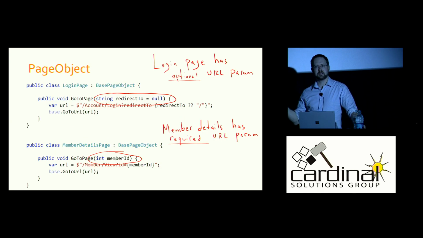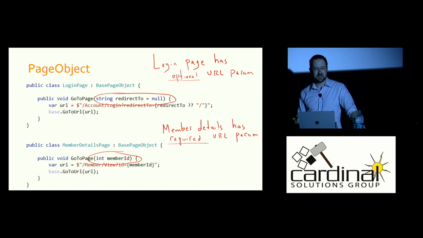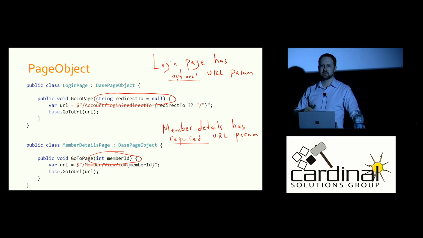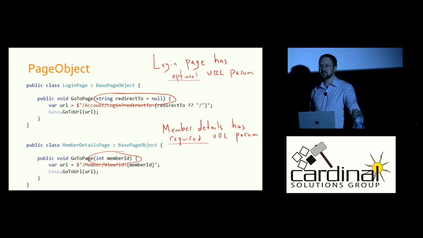And the nice thing about this approach is that we can document the required URL parameters in that go-to page method. The login page, for instance, has no required parameters. You can optionally tell it where to go after you redirect, but that's optional. The member details page, though, has a required parameter. You can't see the member detail page without telling us what member you want to see.